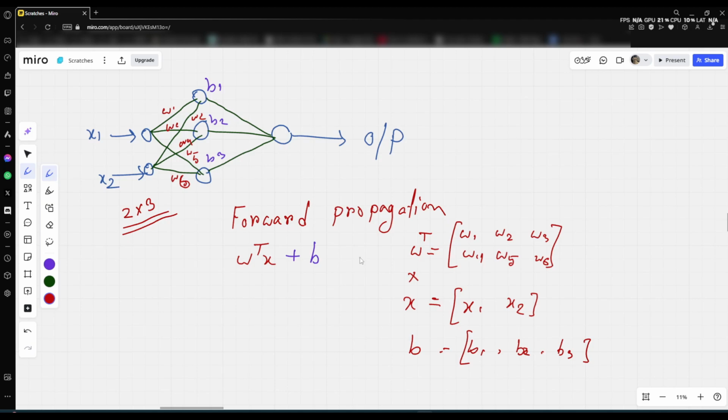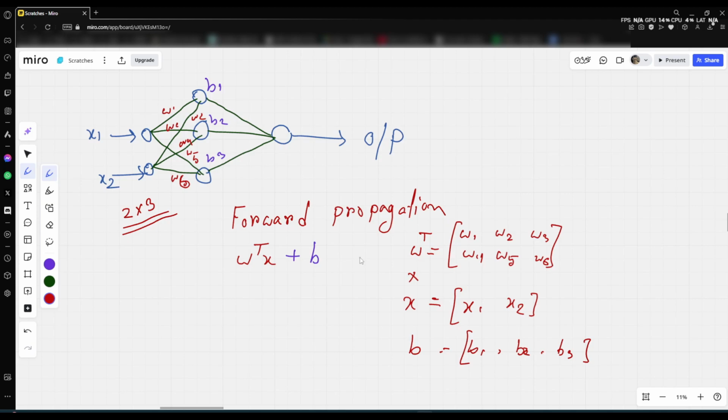I have shown you one hidden layer here, but in reality there are thousands of hidden layers in a neural network. So you can guess the importance of matrices in a neural network. All these are basically matrix multiplications, right?